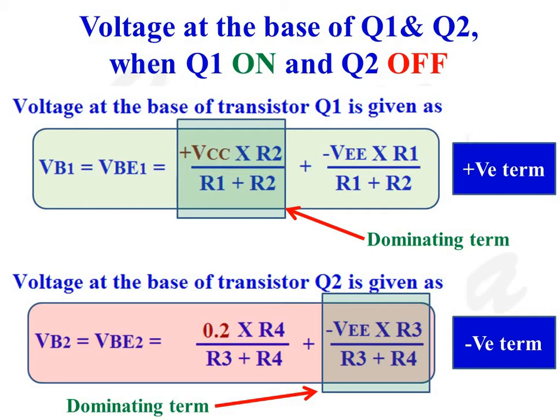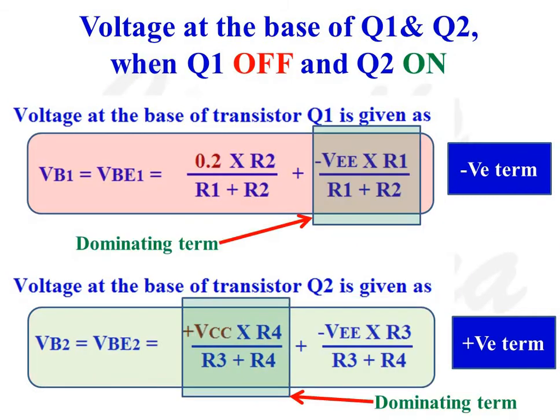Second term in the equation, minus VEE into R3 divided by R3 plus R4, is the dominating term. So that term is negative. So VB2 is negative. That is why transistor Q2 is in the off condition. Similar is the case when the multivibrator is in state 2.